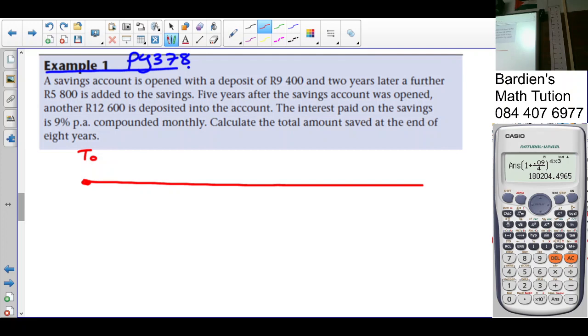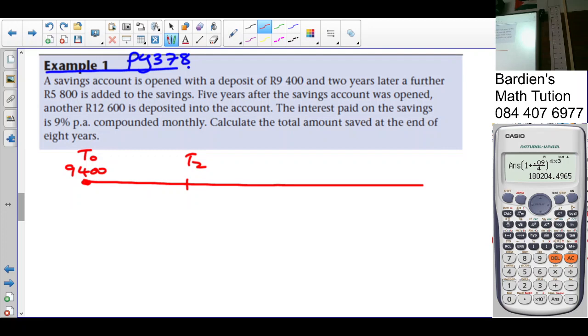Okay, let's do the timeline together. So you're going to have here 9,400 Rand. You all agree with that? So 2 years later takes you where? To T2.